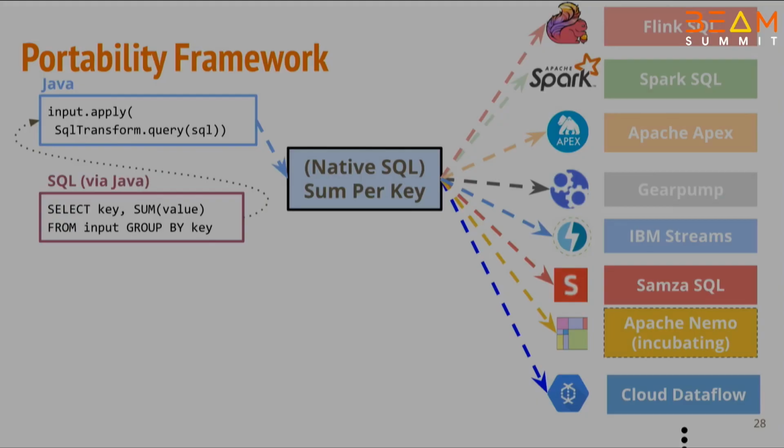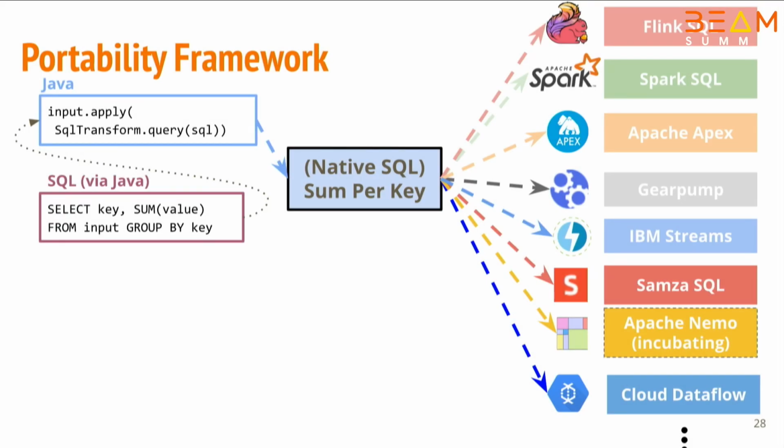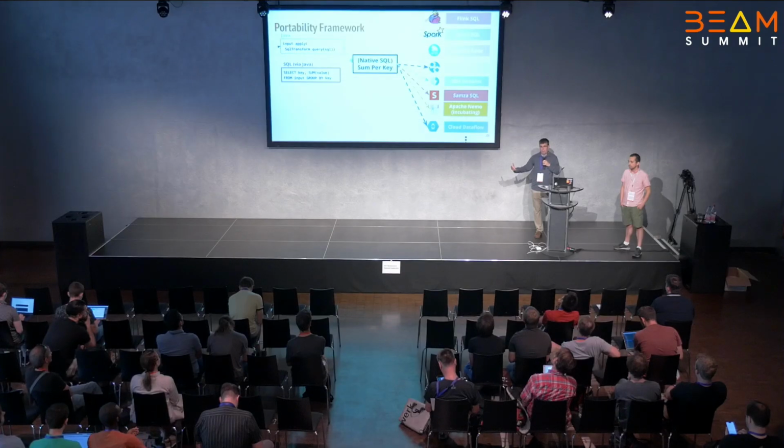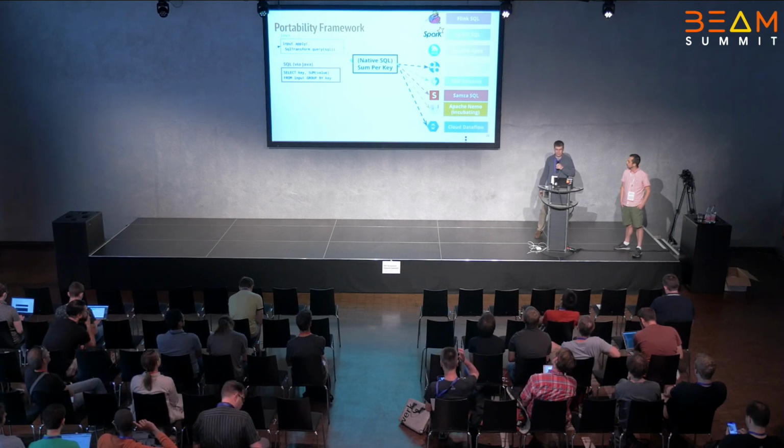But what's really powerful is eventually we'll be able to plumb that metadata about your SQL query down into the runners themselves. So something like Flink can say, oh, hey, wait, this is SQL. I know how to do SQL. And instead of us passing Flink a bunch of Java code to implement SQL, we'll just pass the SQL through to Flink, and you get your native Flink SQL.